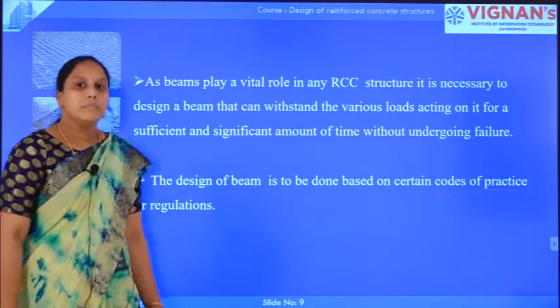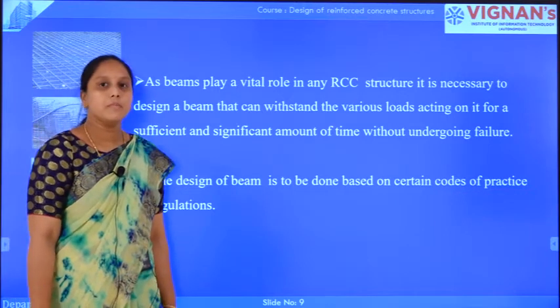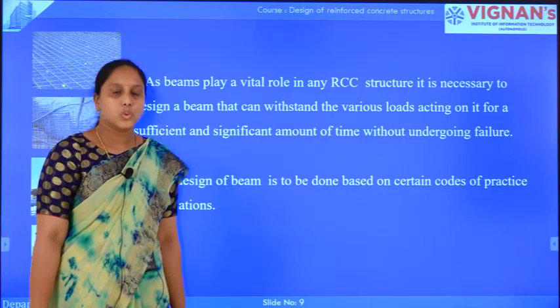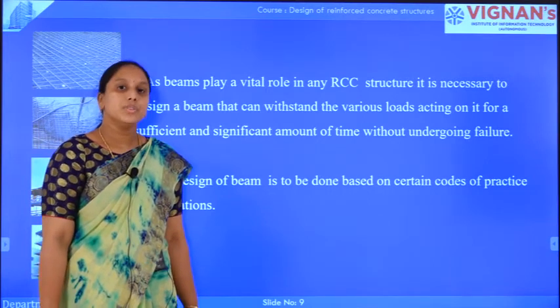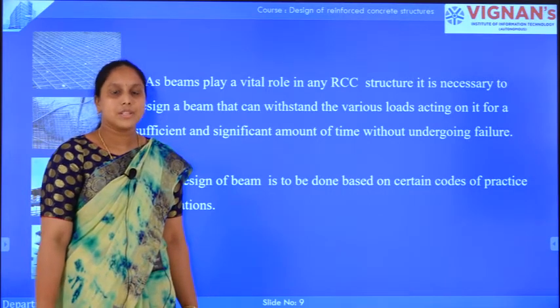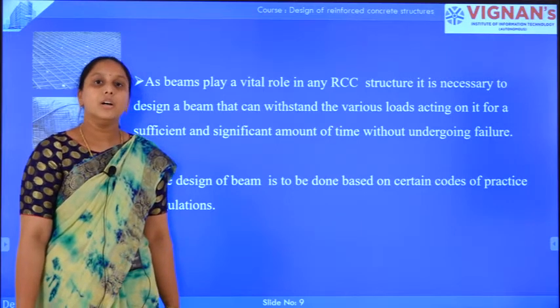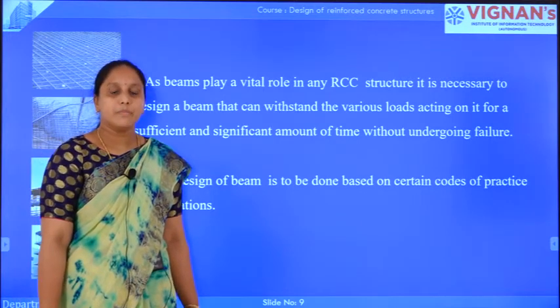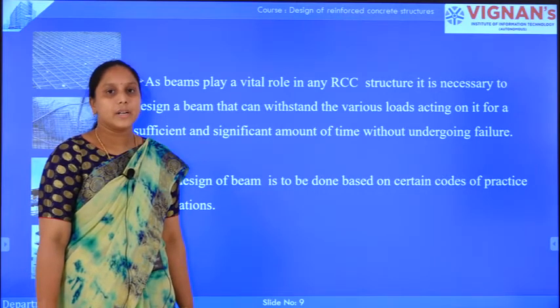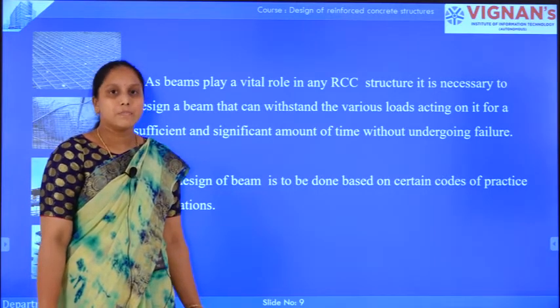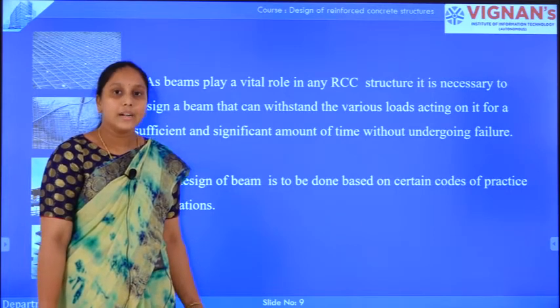Now, before designing a beam, the first thing we have to do is analyze the beams. Analyzing means finding out the moment carrying capacity of that particular beam. So first, let us start with what is meant by analysis and design.